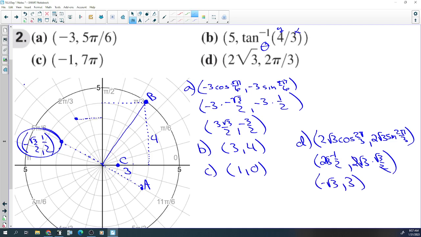I'm a little off. I'm probably a little high, but that's close to 3. So I'm fairly confident I got that right. So that's letter D. So some different techniques. We got inverse tangent on this one right there. We're on an axis for that one. I love it when we're on an axis. That makes those really simple.